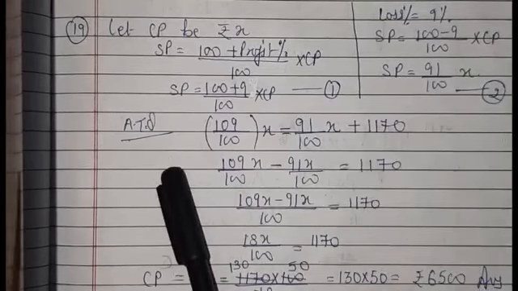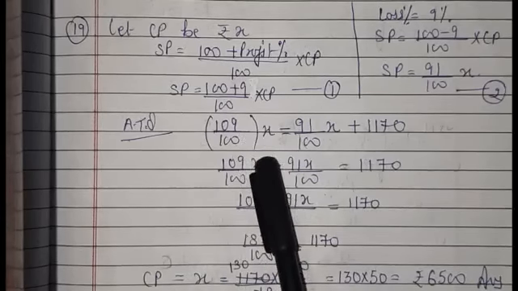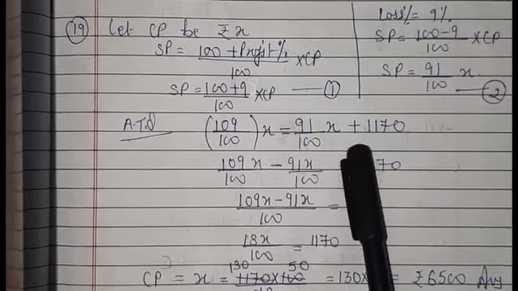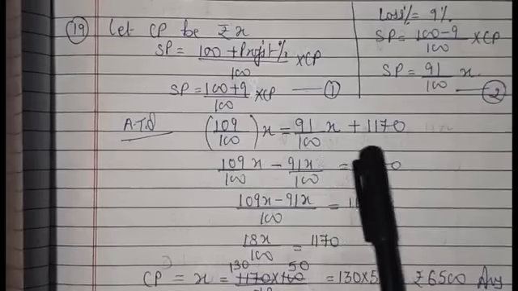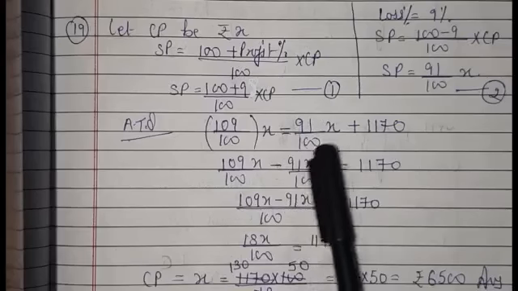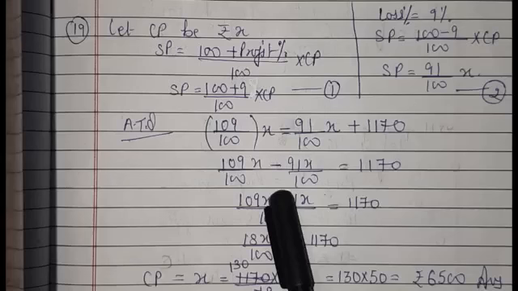Now according to the question, the equation becomes 109 upon 100x is equal to 91x upon 100 plus 1170. According to the statement, this equation will come. Now simplify 91 by 100 x, transpose from the right hand side to the left hand side, we have to subtract.